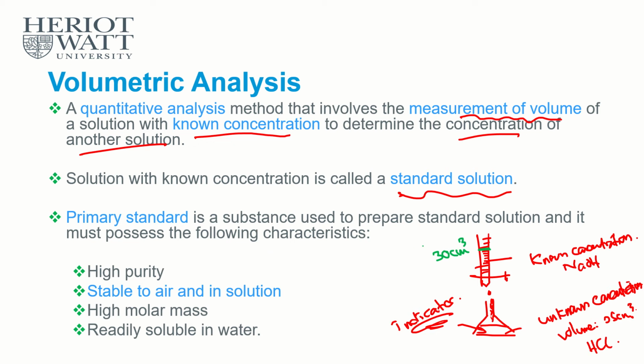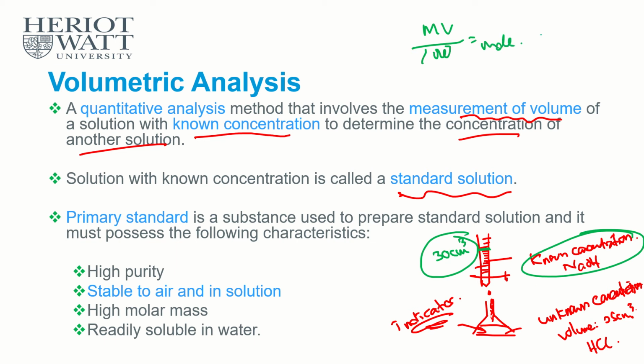Then what happens next is we calculate the mole from the 30 centimeter cubic and the known concentration of NaOH: MV over 1000. You will get the mole, right? Once we have the mole of NaOH, we compare it with HCl in a balanced equation.